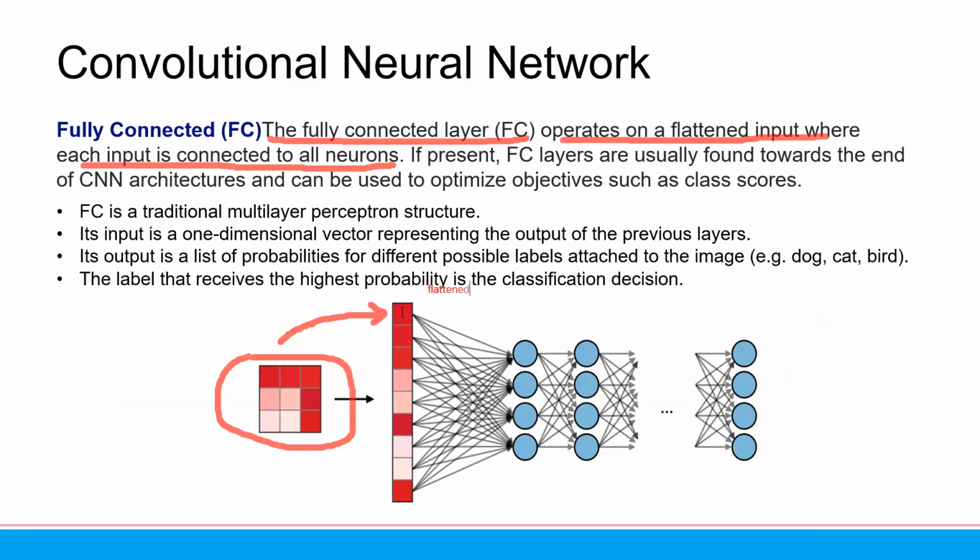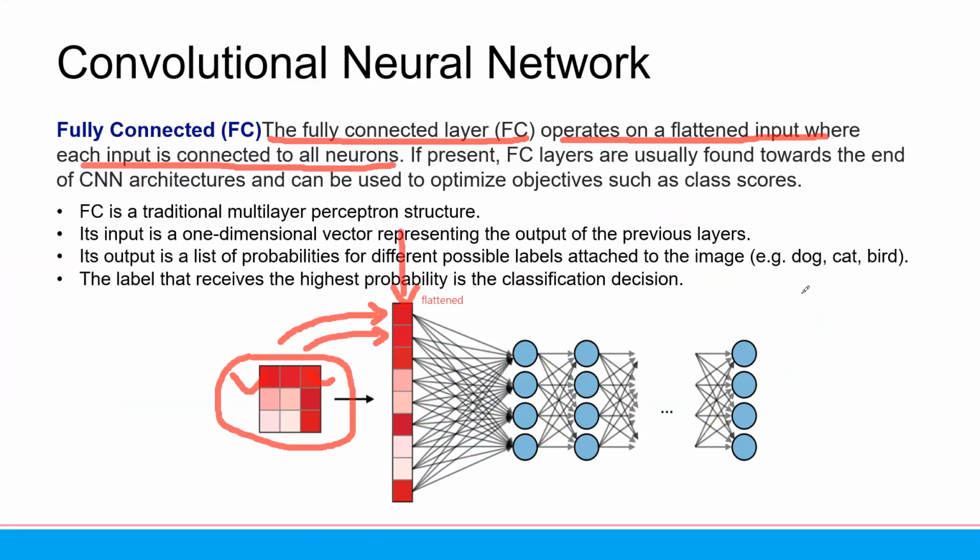If you use Python, you will see the function flatten. It means whenever you have this kind of array or matrix, you can make it flattened into a vector.